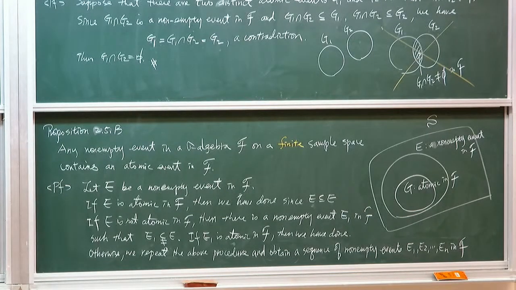But you can't do the procedure indefinitely, as we know, because E is finite. So finally, En is an atomic event contained in E, right? So this is the complete proof.